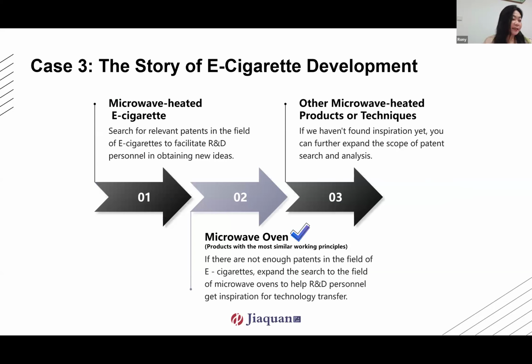When facing such a task or even a challenge, I think our way to solve the problem is very clear. First of all, we want to see if we can help the client find, of course, in the technical field of e-cigarettes, other ways to achieve the microwave heating that are completely different from the patents filed by the competitors.